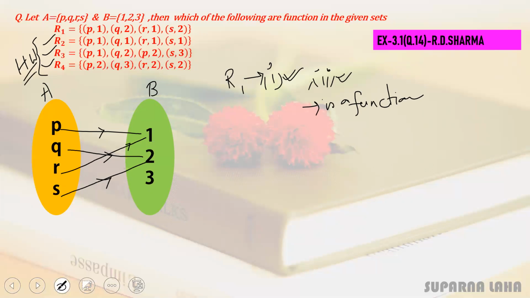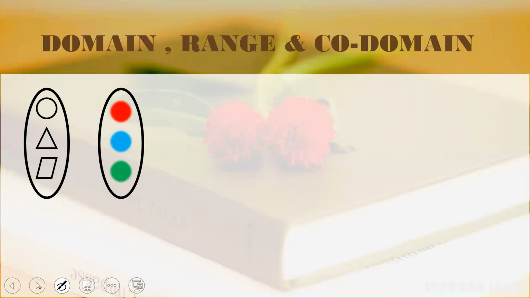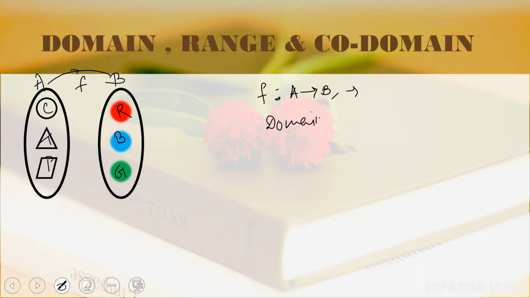So moving to the domain and range of a function and the codomain. Simply take this set A, this set B, with the elements C, T, P and red, blue, green. Okay. So if any function is defined from the set A to B, such that the function has a particular definition, so I'm defining a function from A to B. Then the domain of f.